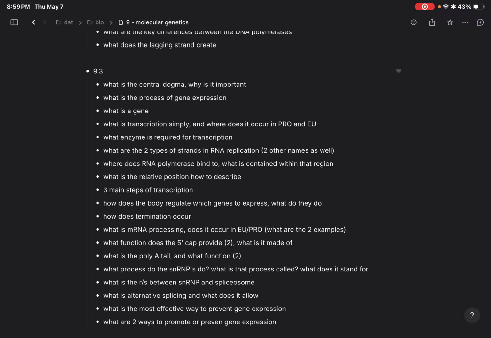It doesn't say in these slides how the body regulates. I think that was just something that was said. But if the RNA polymerase is not able to attach to the promoter region, then the gene will not get transcribed. I think it's just going to be promoter region.